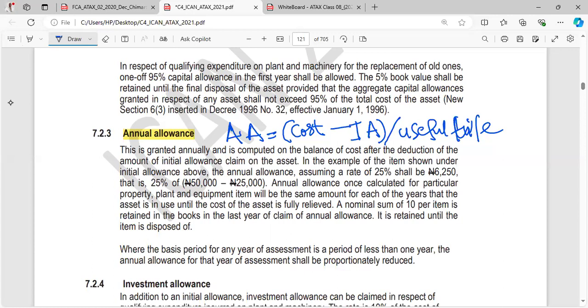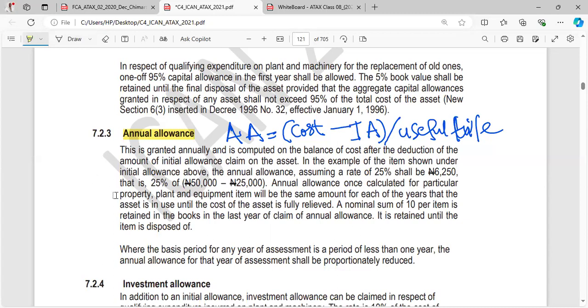Now, unlike an initial allowance that is given in full, annual allowance is calculated on a pro rata basis. So if any basis period is less than 1 year, the annual allowance will be proportionally reduced.